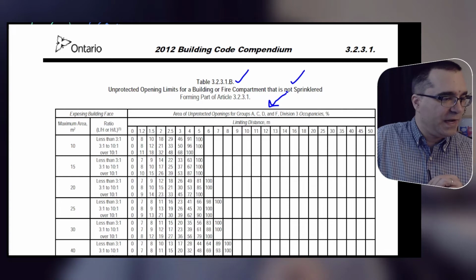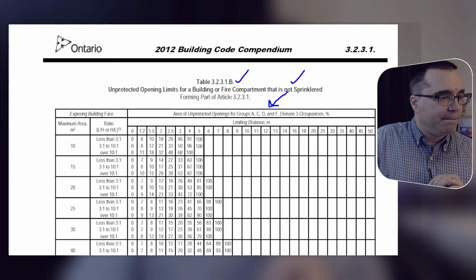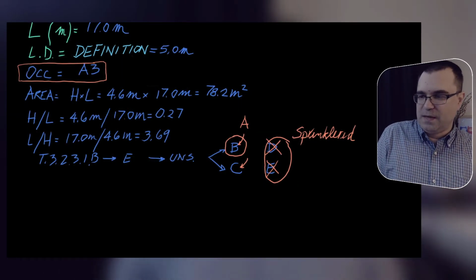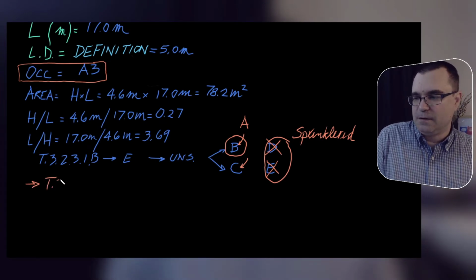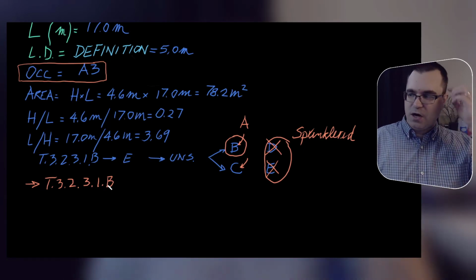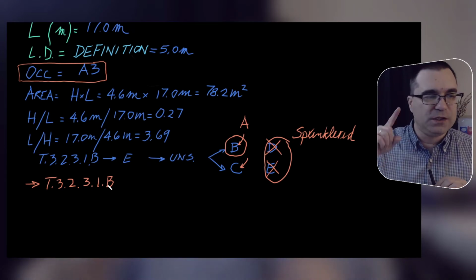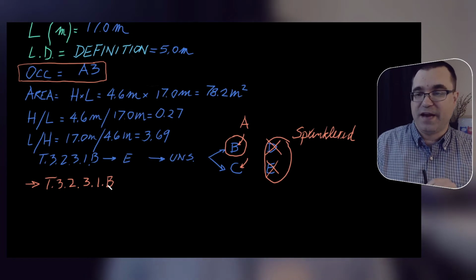Okay, so let's go back to our question and let's formalize this. The table we're going to be using is table 3.2.3.1b. Again, because it's an A2 occupancy and it's not sprinklered. Now, we have to use all these quantities we just figured out to find out where on the table we get these values.